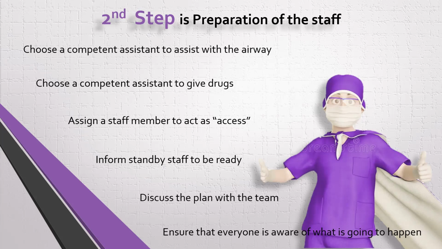You have to discuss the plan with the team. Every team member should know his role in a specific way. Ensure that everybody is aware of what is going to happen. For example, okay team, plan A will be video laryngoscopy with bougie.